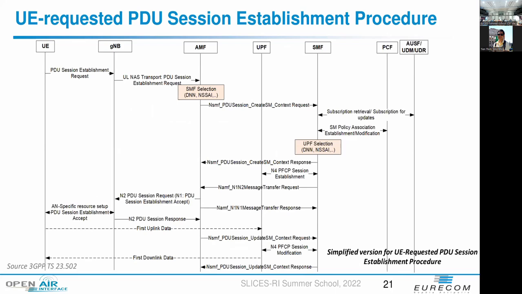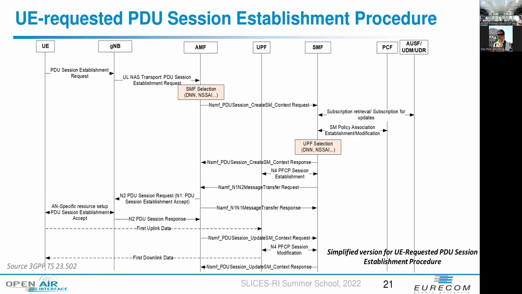Again, now AMF needs to select the SMF by using the services provided by the NRF. And then after discovering and selecting the appropriate SMF, AMF will send the PDU session create SM context request. So you see that now actually AMF is the service client and SMF is the server or service producer using the services.